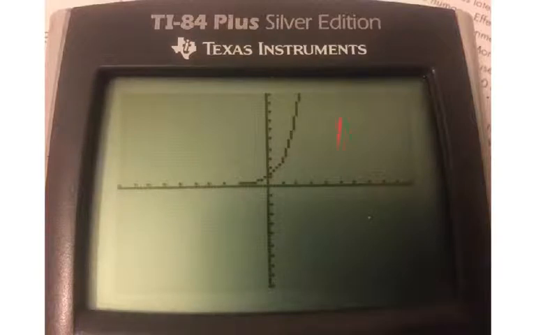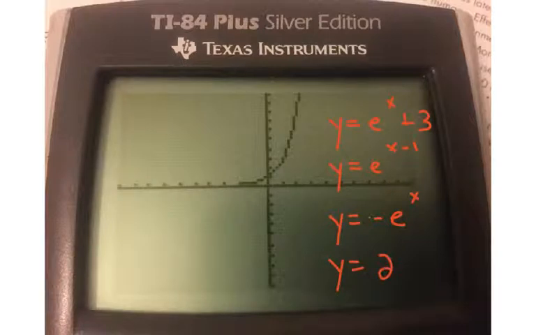If you graph y equals e to the x plus 3, the graph would go up 3. If you did y equals e to the x minus 1, the graph would move to the right 1. If you graphed y equals negative e to the x, it would reflect the graph over the x-axis.